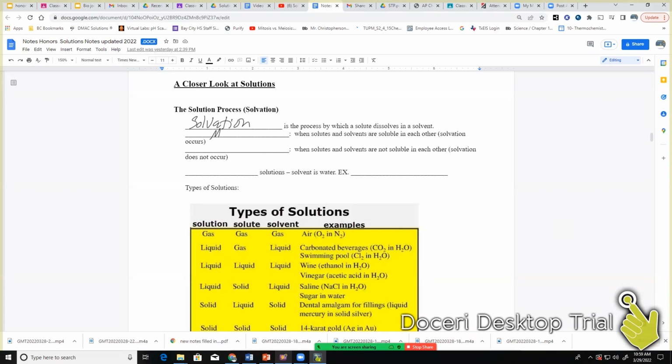If something is miscible, M-I-S-C-I-B-L-E, then that means it is able to be dissolved in the solvent. So like sodium chloride is miscible in water. If it is immiscible, then it's going to be the opposite. It's not going to be able to dissolve. So the two, solute and solvent, are going to stay separate.